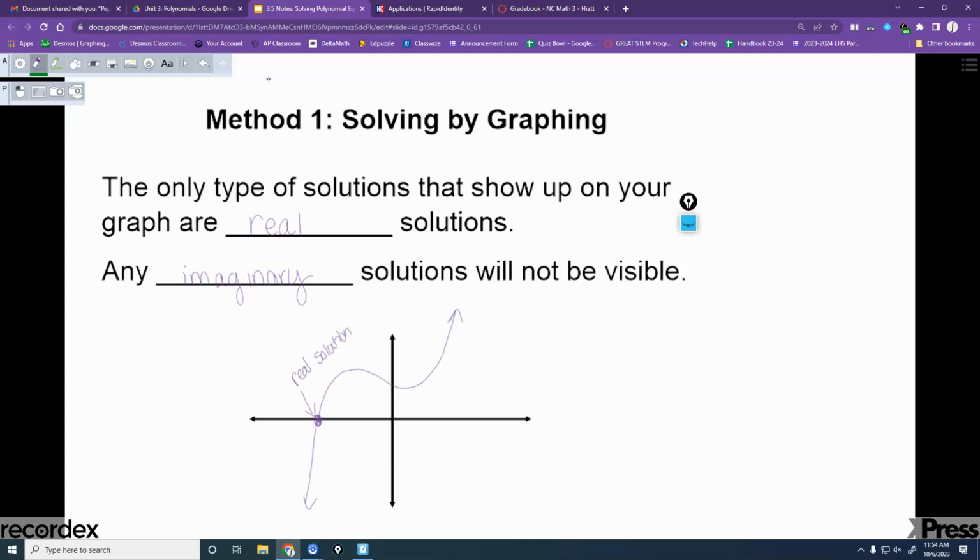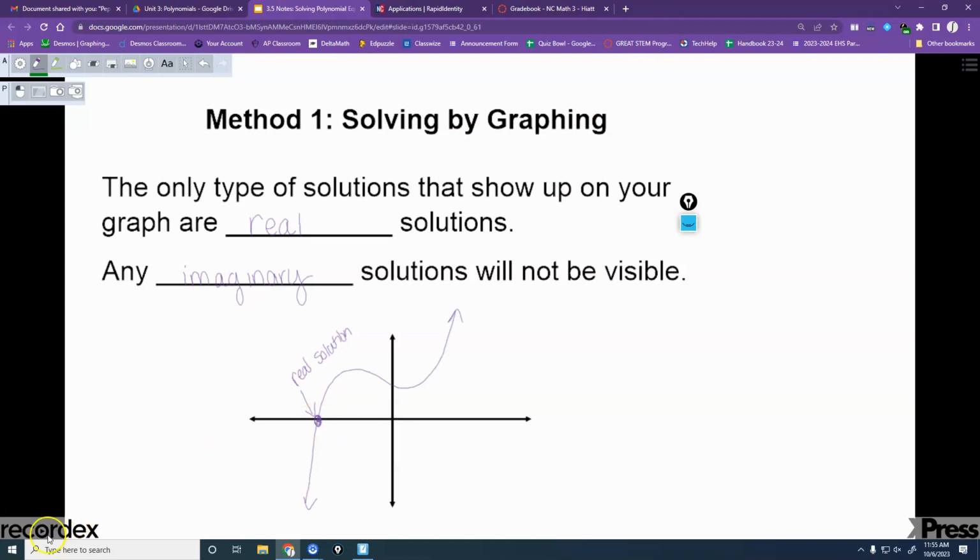However, if I only have one real solution, that would make it a first degree. First degree is linear. Does that look like a line to you? No. So this probably has some imaginary solutions somewhere else, and you'd have to know a little more about the equation to know for sure what that is. But we can only see the real solutions.